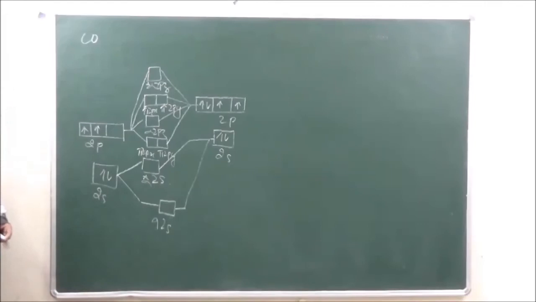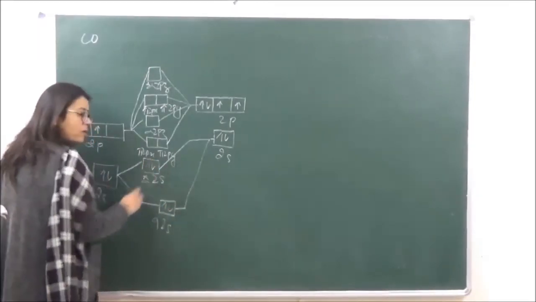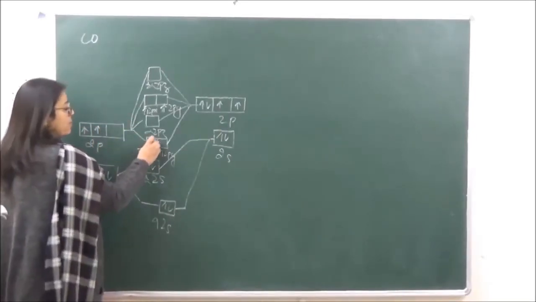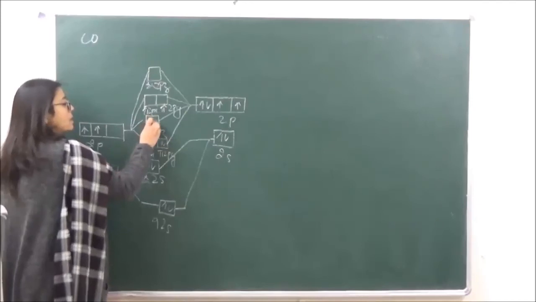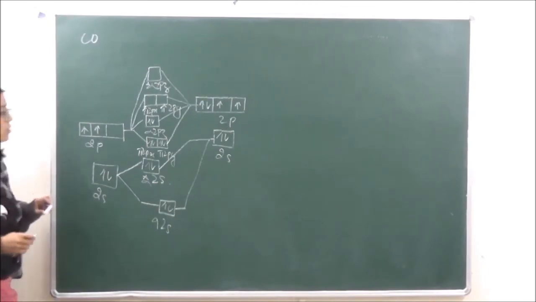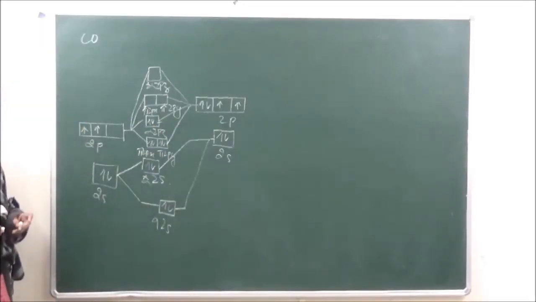So now when we have to fill up the electrons, 4 electrons will come here, 1, 2, 3 and 4. Okay, and here we have to fill 1, 2, 3, 4, 5 and 6, right? Now when you're looking at the most highly occupied molecular orbital over here, that is going to be sigma 2pz, right?